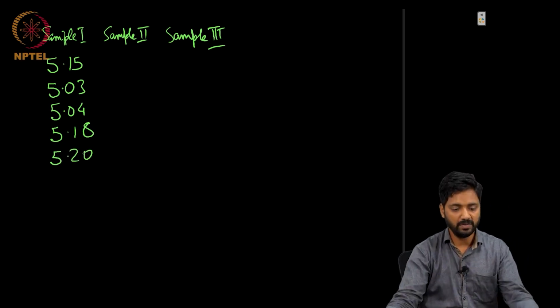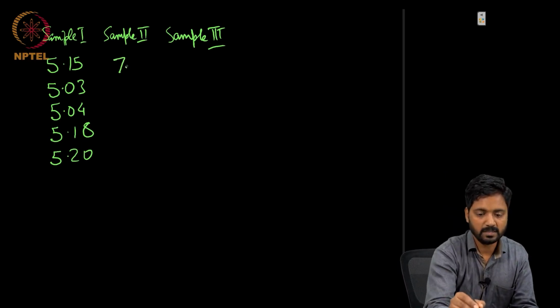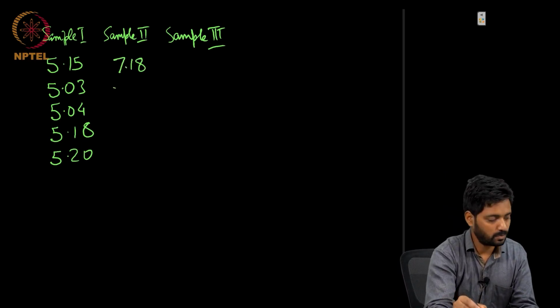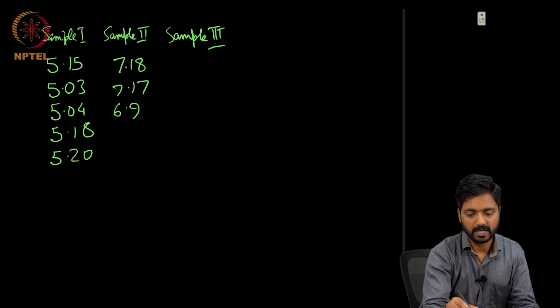That means it has 5 readings in sample 1. Sample 2 has only 3 readings, which come out to be 7.18, 7.17, 6.97.